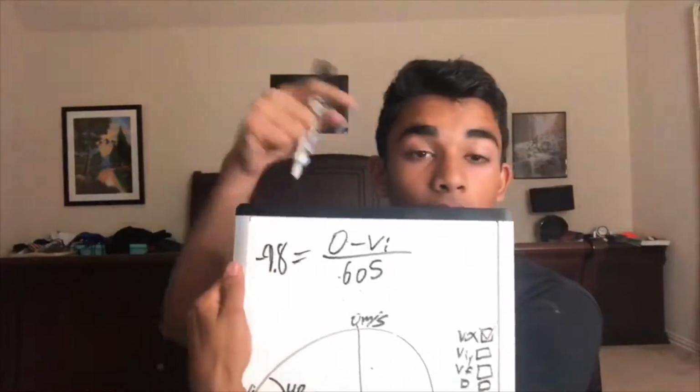The time would be cut in half because we're only using half of the total time, which would be 1.21 divided by 2, 0.605. We already know that acceleration due to gravity is negative 9.8. So we only need to find initial velocity.